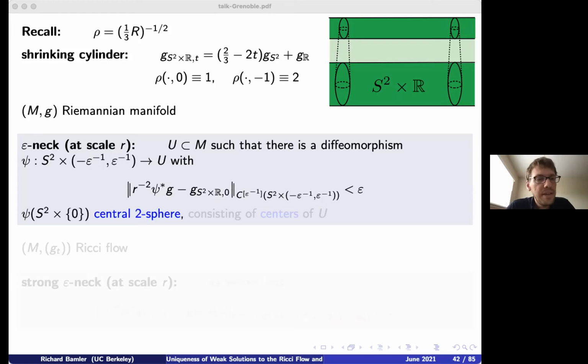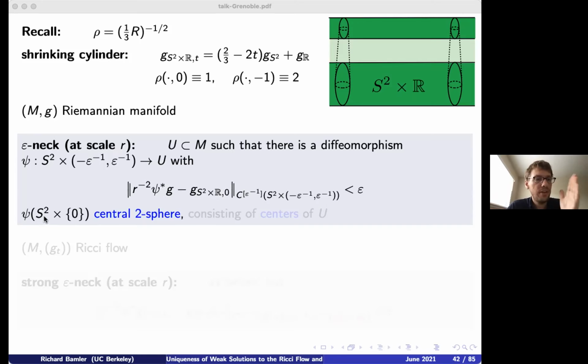The image of the central two-sphere factor in the cylinder, I will denote as a central two-sphere of the epsilon neck. So we may see some cylindrical region in a Riemannian manifold, and in the middle there's going to be some two-sphere, and I'll call this a central two-sphere of the epsilon neck.